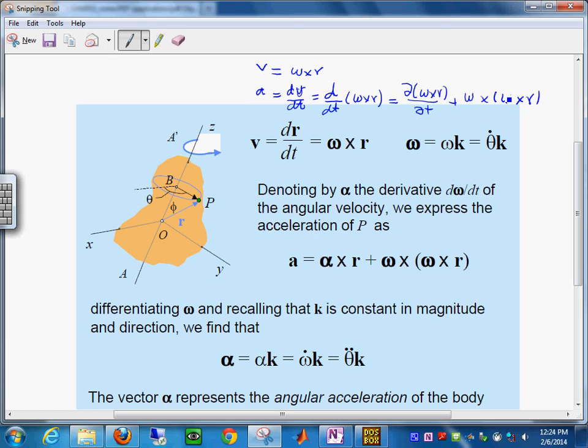This is how you find the derivative of a vector. So in this particular case, we need to differentiate it as a cross product, and then of course this term is already this term. So I think we need to expand this a little bit to understand how we do this derivation.